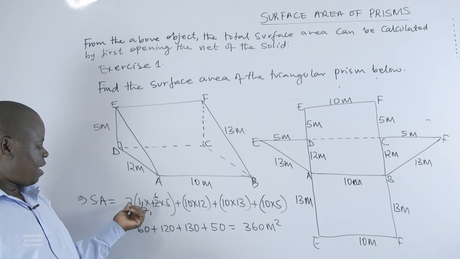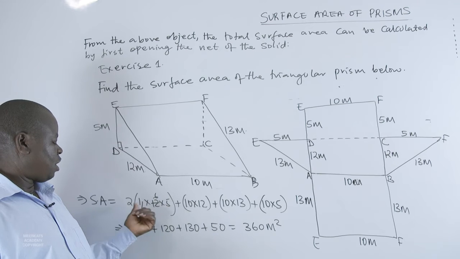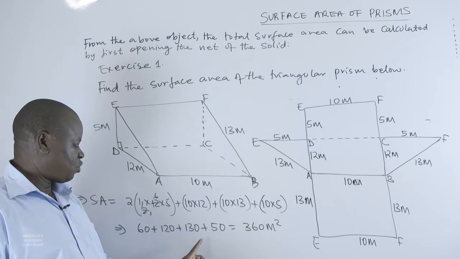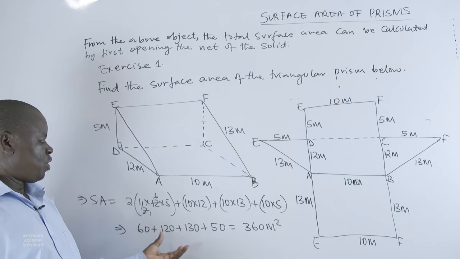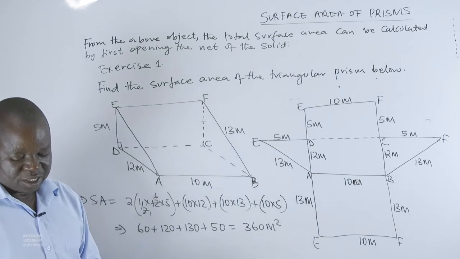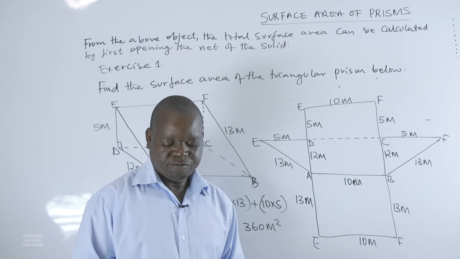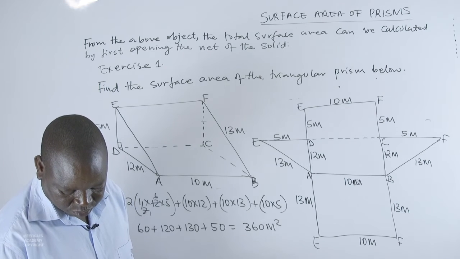Because this is a half, 2 into a half times that, which is 30 times 2, 60. 10 times 12 is 120. 10 times 13 is 130. And then 10 times 5 is 50. So upon addition, we get 360 meters square as the total surface area of the prism. Let's look at another example.